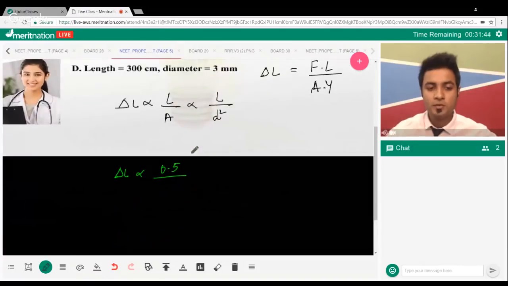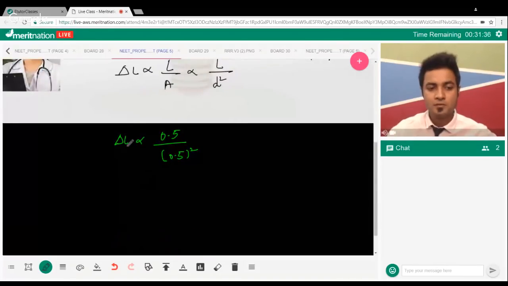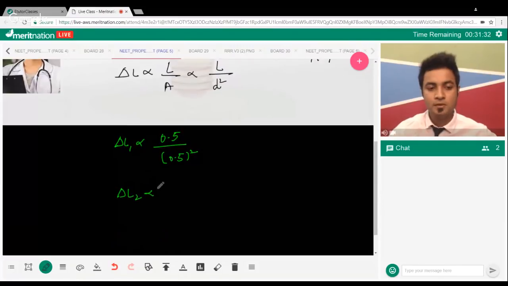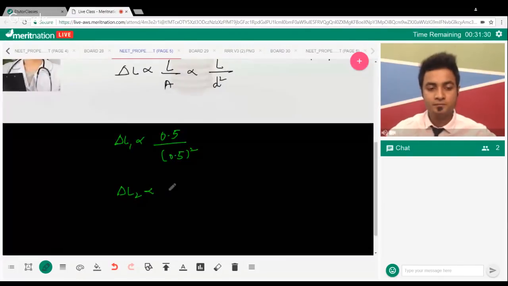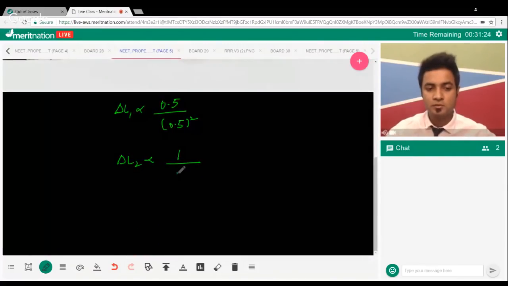The diameter is coming out to be 0.5, whole square. Okay, the second one, again this is for delta L1, this is for delta L2. So again it is coming out as 1 upon 1 millimeter, right? So again I'm putting it this way. Guys, just give me a moment, okay?